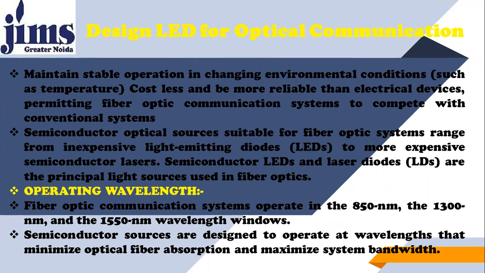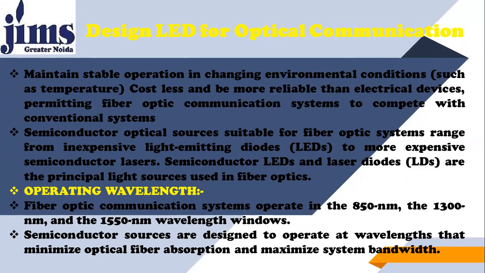So we have to maintain a stable operation in changing environmental conditions, because the atmospheric conditions you can't do anything about, as they change with time. So we have to maintain stable operation in changing environmental conditions such as temperature, and cost less and be more reliable than electrical devices, permitting fiber optic communication systems to compete with conventional systems, right?